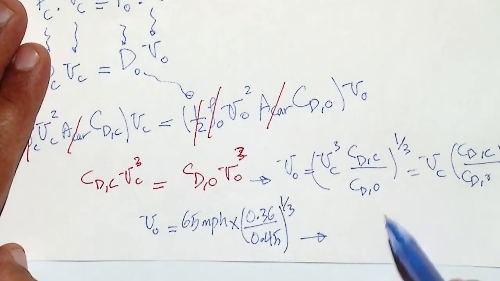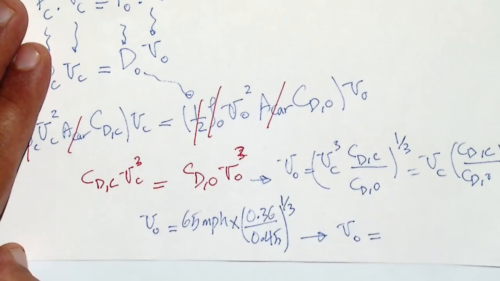When doing the calculation, you will find the velocity for the open one is going to be 60 miles per hour.